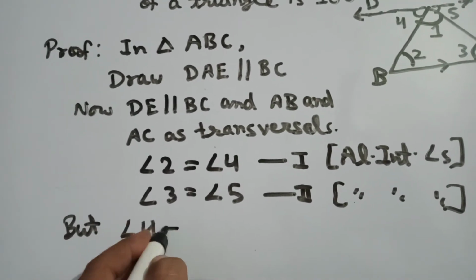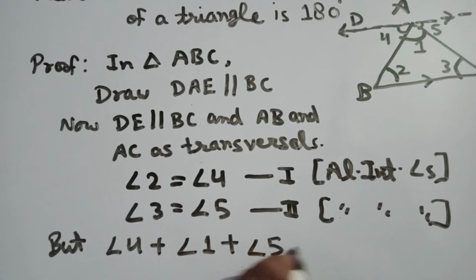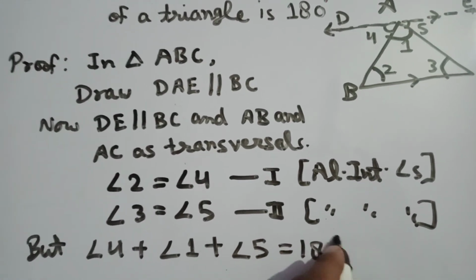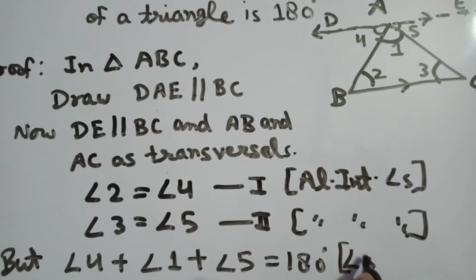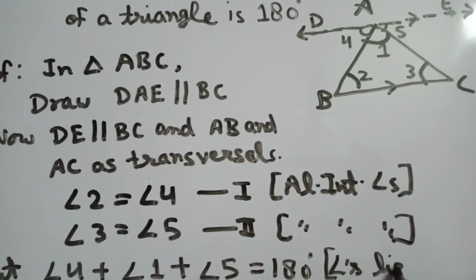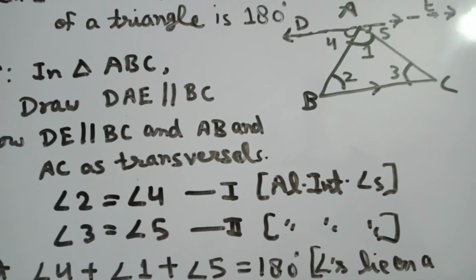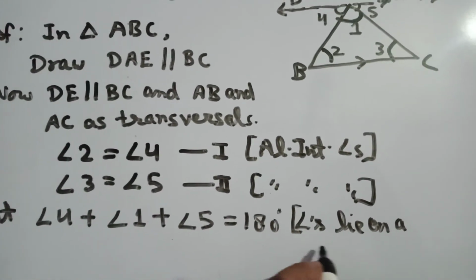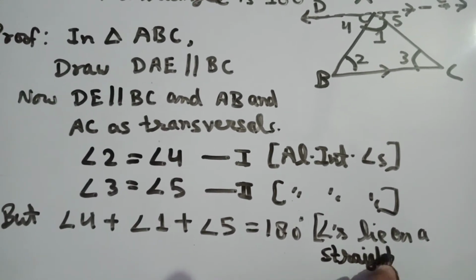But angle 4 plus angle 1 plus angle 5 is equal to 180 degrees. Reason: angles lie on a straight line.